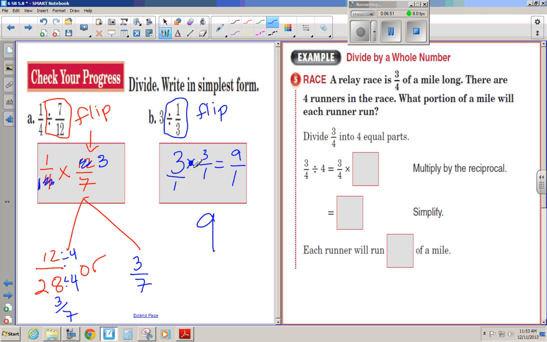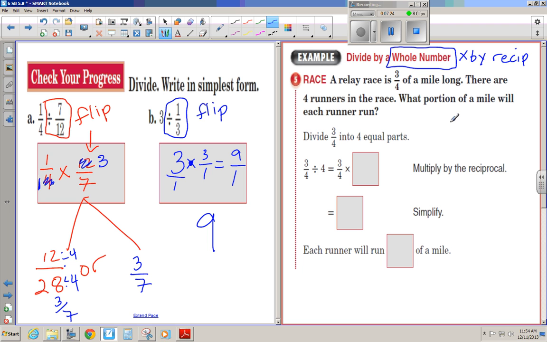All right. Here's divide by a whole number. A relay race is 3/4 of a mile long. There are 4 runners in the race. What portion of a mile will each runner run? So what we're doing is dividing 3/4 into 4 equal parts. 3/4 divided by 4. When you're dividing by a whole number, you still multiply by the reciprocal.